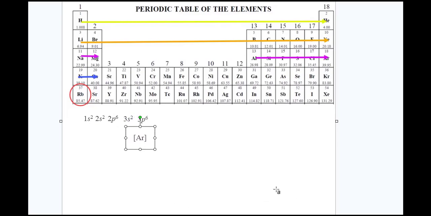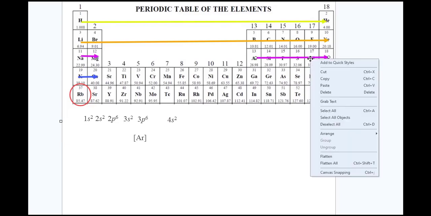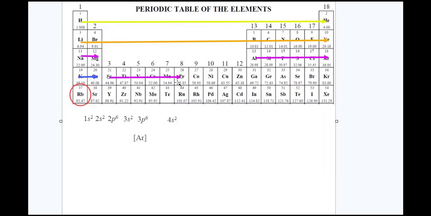Now I can build up to my 4s2, fourth row. I'm putting a space. Fourth energy level, 2 electrons. Now, here's where we get to something that you just have to know. I'm going to pick up my color here again. The transition metals start filling the lower energy level 3d's.